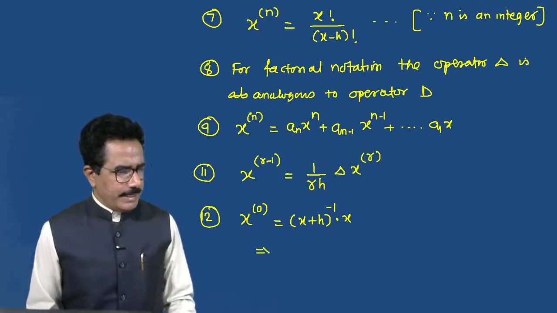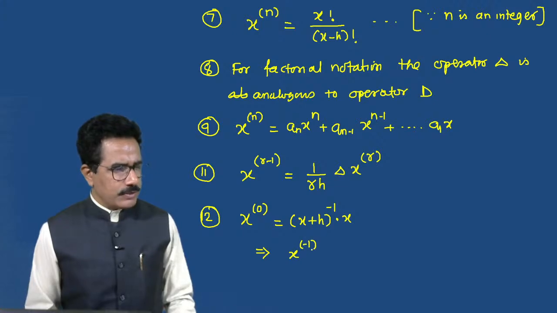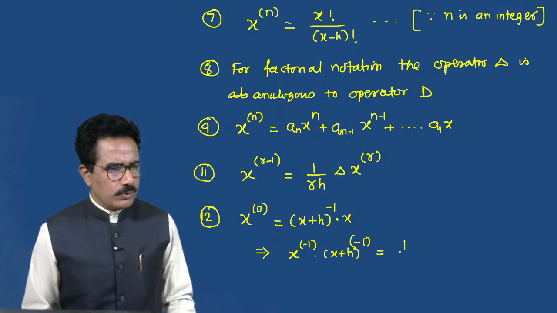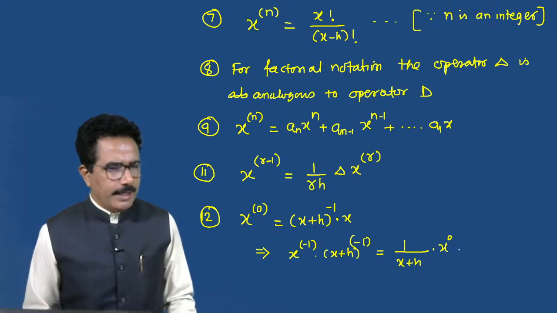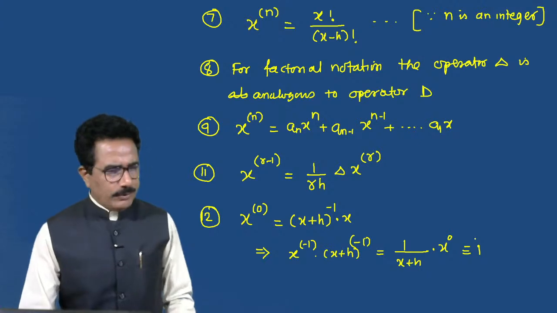This implies that x to the power minus 1 factorial into x plus h to the power minus 1 factorial, which is equals to 1 upon x plus h into x to the power 0 factorial. Okay, and which is approximately equal to 1. हे काही नोटेशन्स आहेत, तुम्ही लक्षात ठेवा.